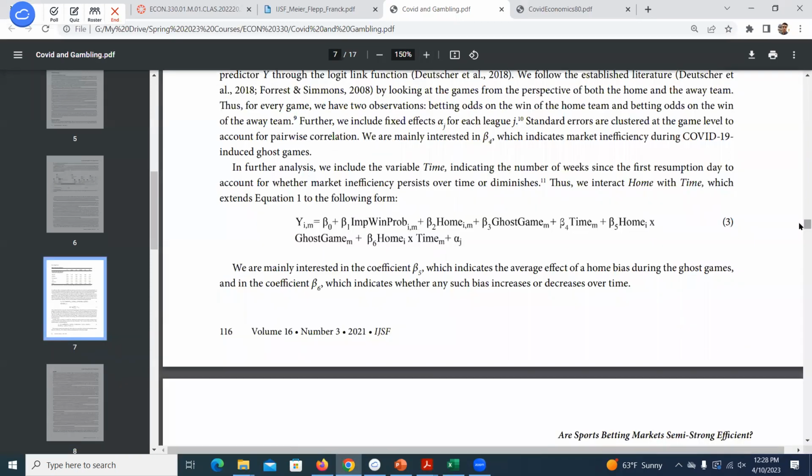So this is basically the regression that they run. Their Y variable is whether or not a team won. They're just looking at bets on money lines for games, right? So what they did was use the win probability that the sports books came up with. So they're controlling for what that line should be, or the best estimate of the probability that this team wins.